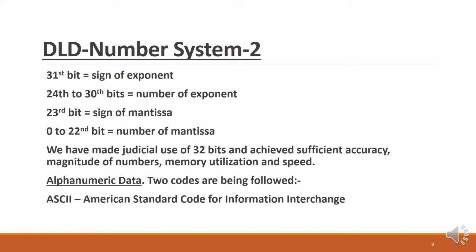So in this case, you can imagine that you can use these 32 bits to represent any number in computers with accuracy, magnitude of the number, memory utilization, and speed, and obviously the cost will also be less.